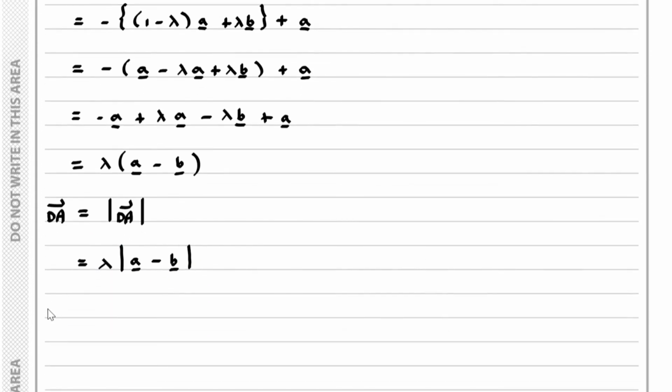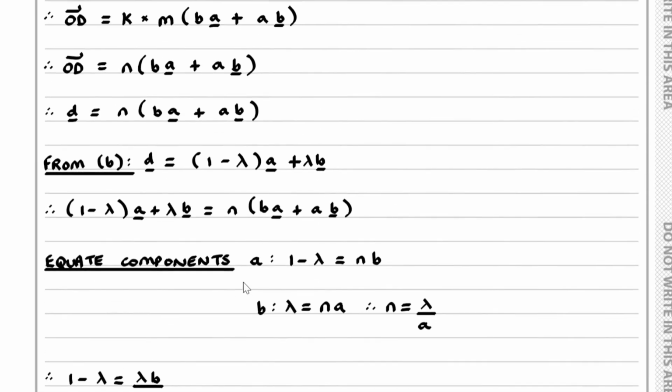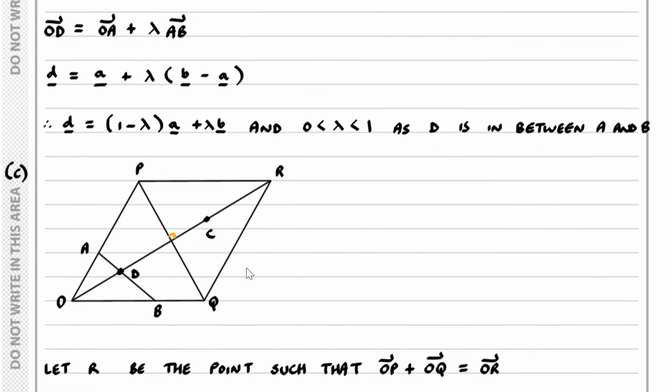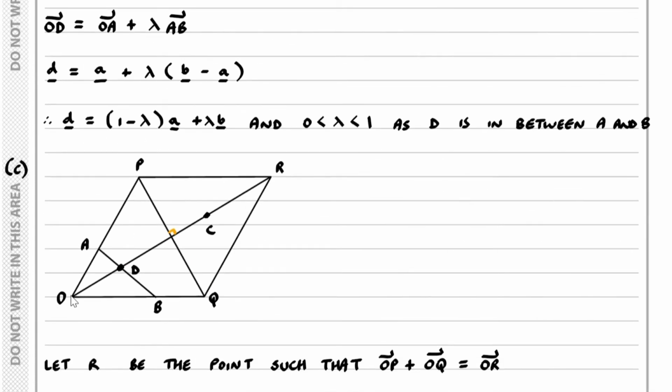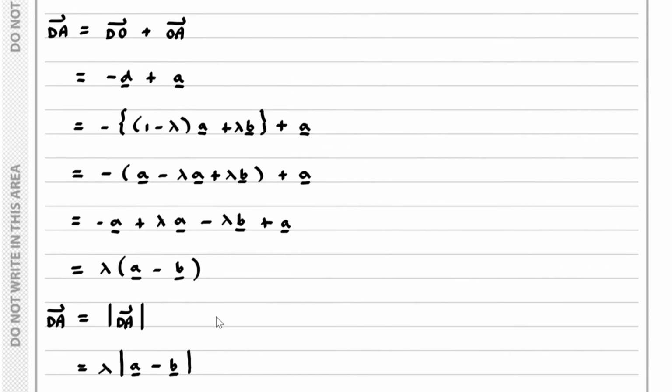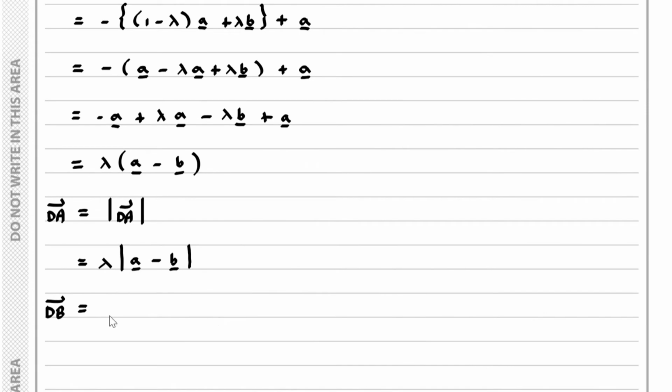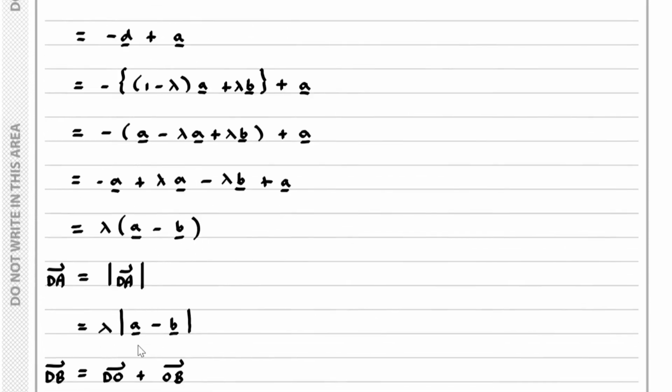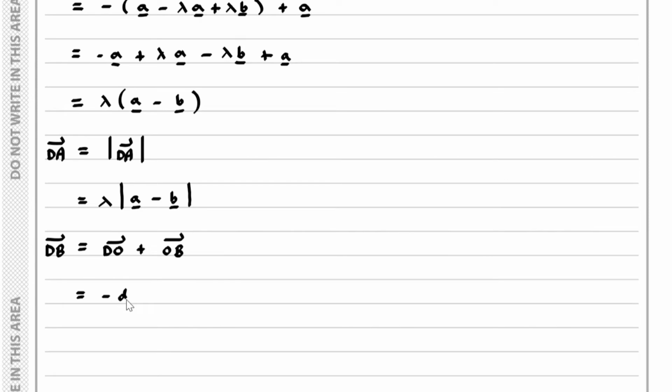Now I need to find out what dB is, starting at D, finishing at B. So if I work that out, dB, I can go D to O and then O to B. So I've got DO plus OB, which is negative d, plus b.